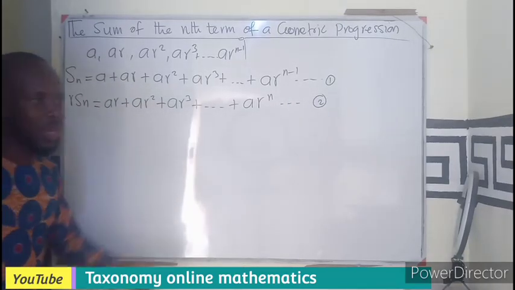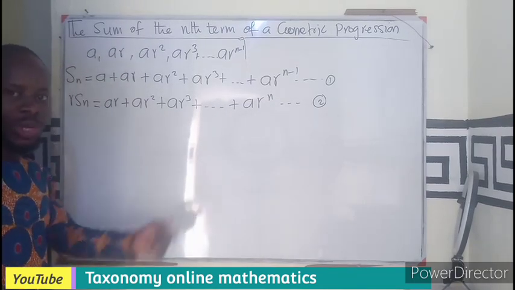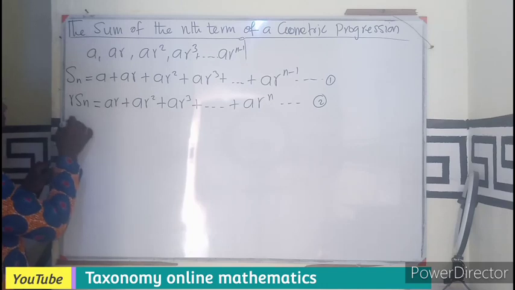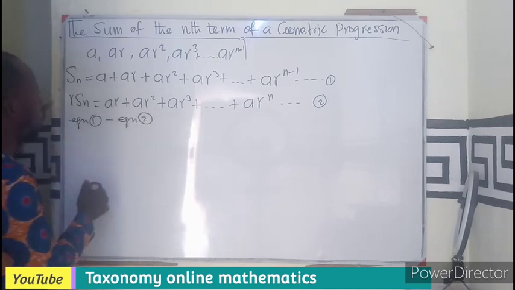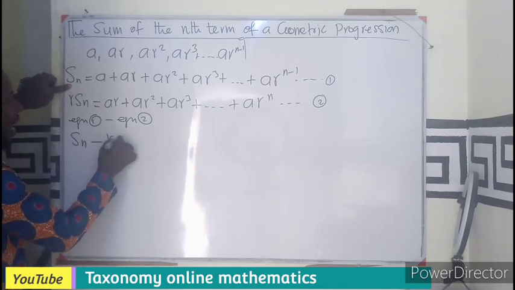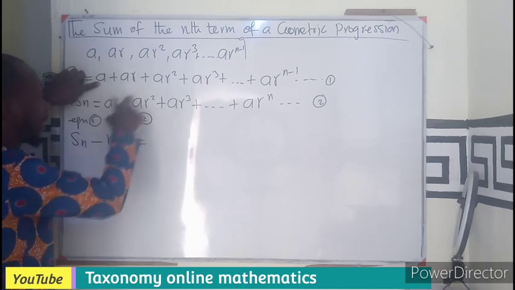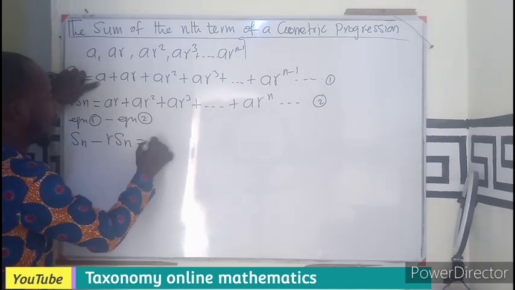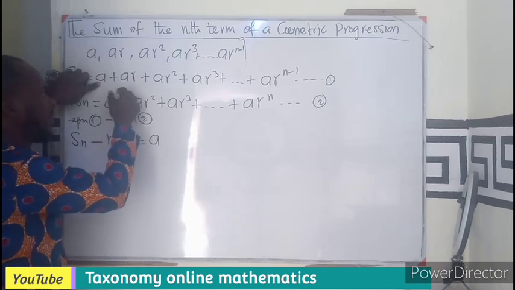Since we have two equations simultaneously, we can solve by subtracting one equation from the other. So here we have equation 1 minus equation 2, that will give us Sn minus rSn equals, since here I have only a and there is no a here, we are going to have a. This is ar, they will cancel.